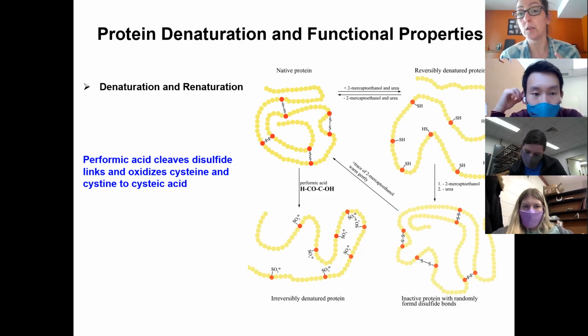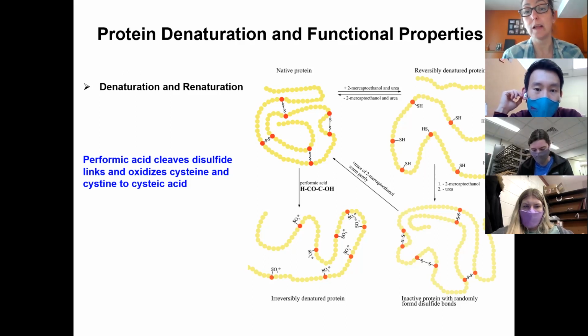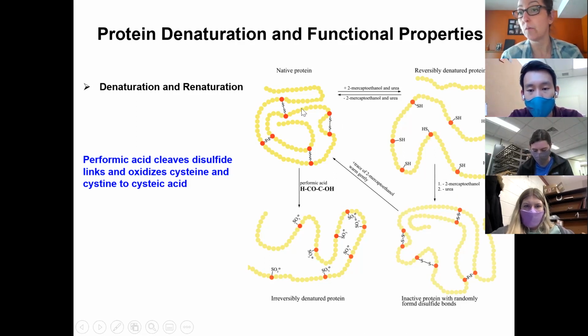Sometimes a certain concentration of reducing agent reduces the bonds and induces different types of bonding. So for example, here it kind of reduced it, and then with a little bit more reducing agent, it formed a different type of bonding. So it didn't necessarily go back to where it was. And if you have high protein concentration in solution, you might form disulfide linkages with the other proteins. So reducing agents do not necessarily always reduce the protein.